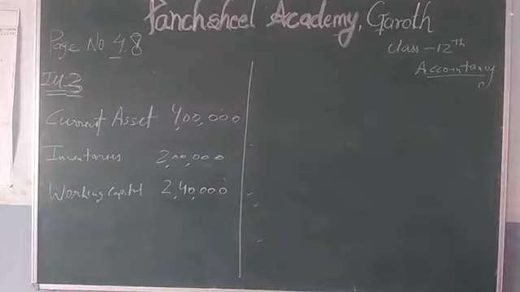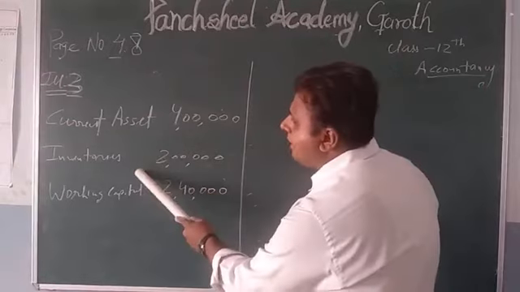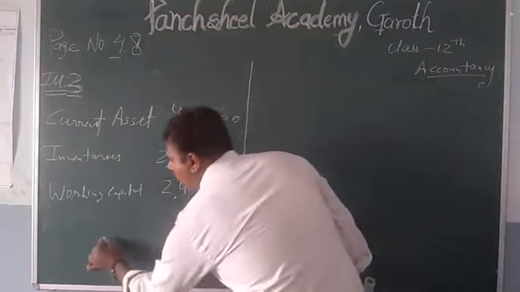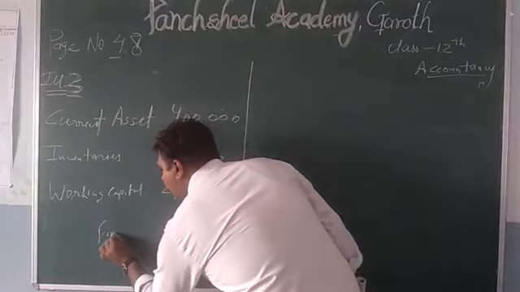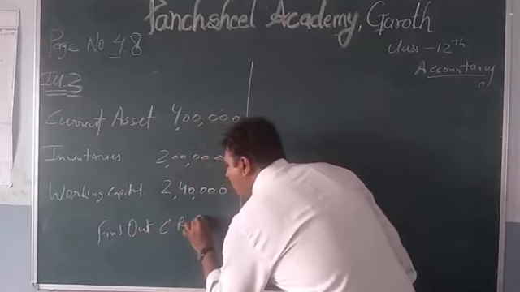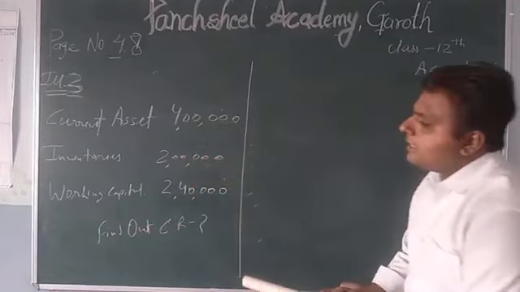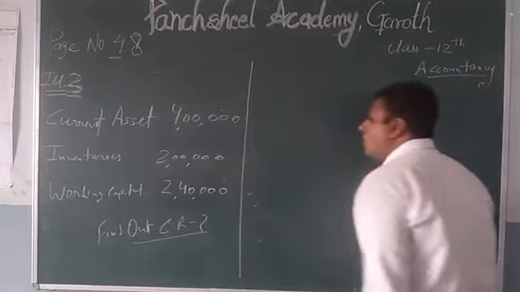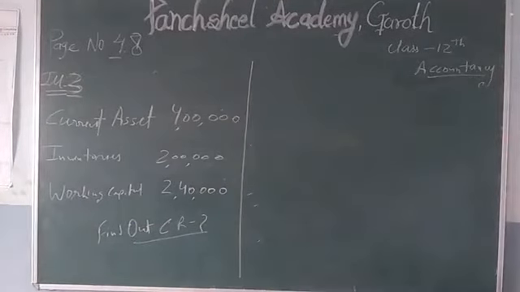I am again telling the question: current asset, inventory and working capital are given. The question asks you to find out current ratio. So how will you find out the current ratio?